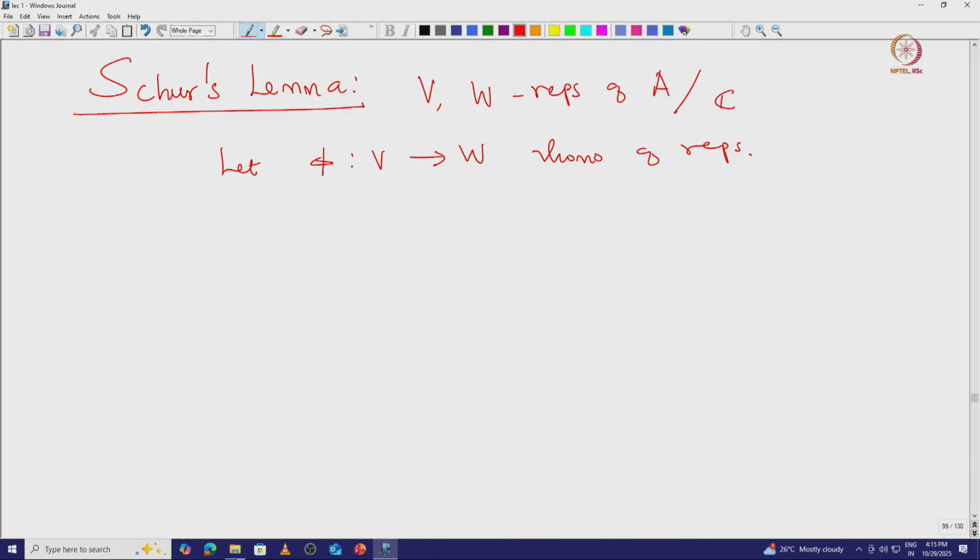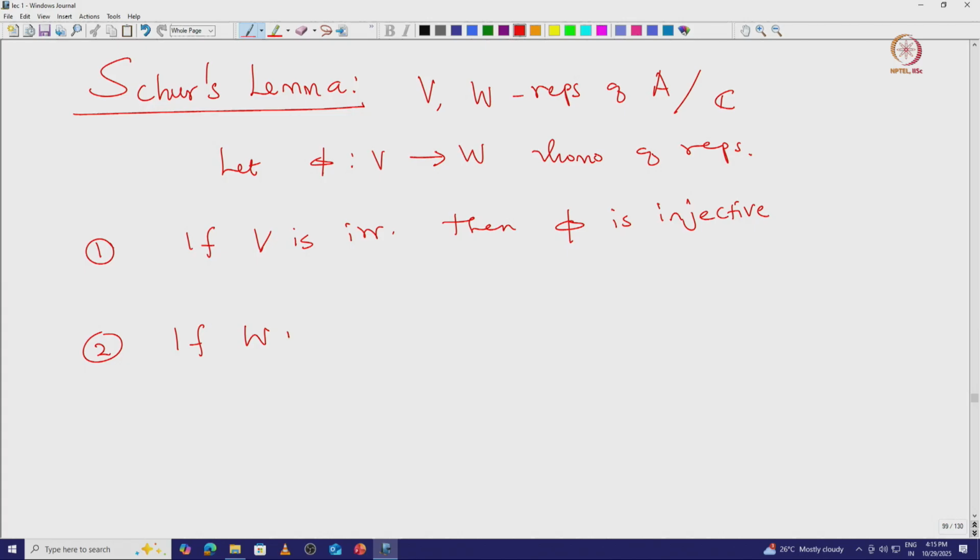Now, if we assume that V is irreducible, then we can conclude something about the map pi. If V is irreducible, then pi is an injective map. Similarly, if we assume something about W, that again implies something about pi.